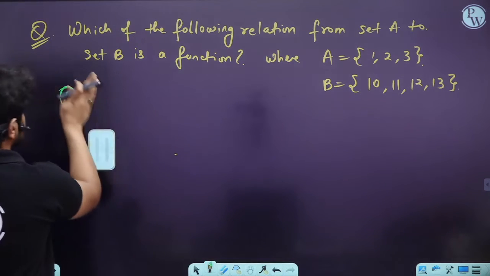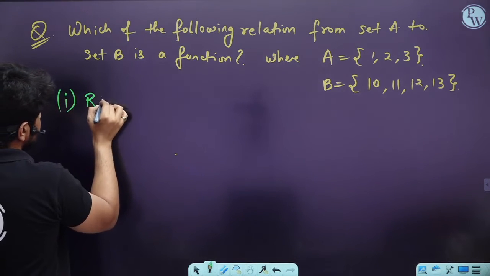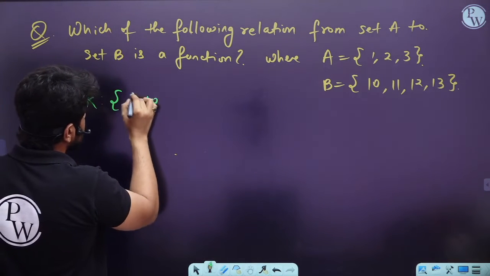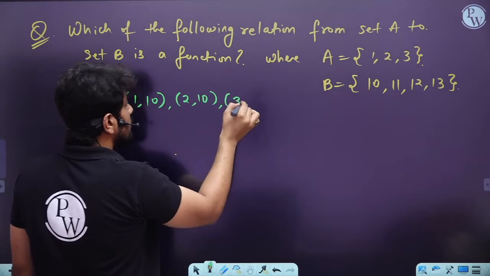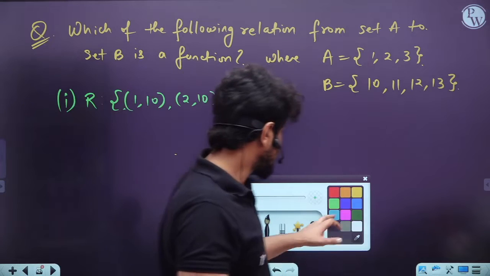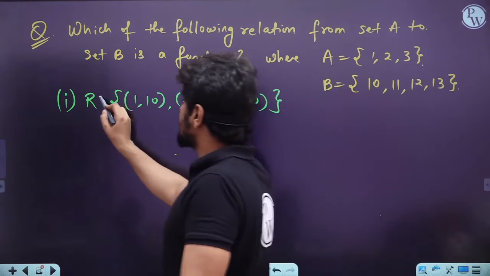Now, first relation, option 1. Suppose I define this relation like this: 1 comma 10, 2 comma 10, 3 comma 10. Is this a function or is this not a function? Relation R is defined like this.